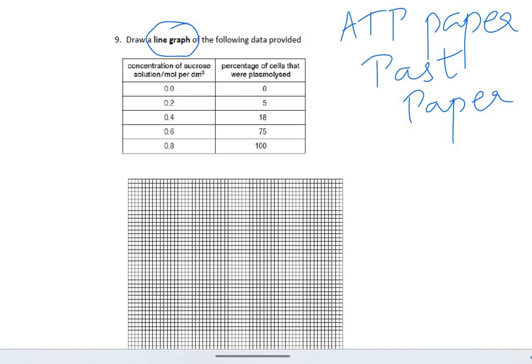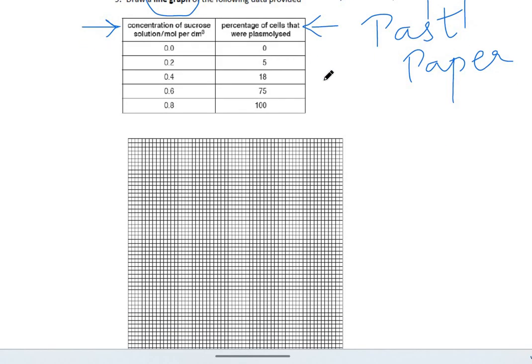So we are given 2 factors. The first factor is concentration of sucrose, and the second factor is percentage of cells that were plasmolysed. Now we have to decide which factor we will take on x-axis and which on y-axis.